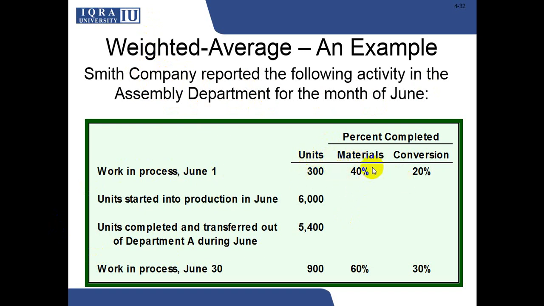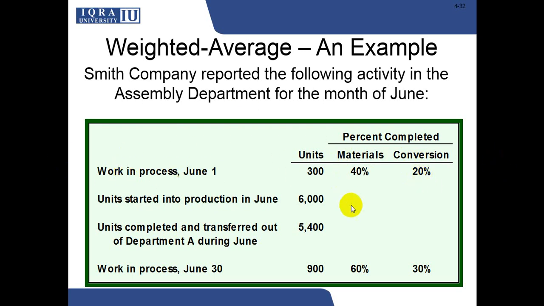As I have told you, we write conversion here because the direct labor amount will be small, so in this question Smith reported it as a conversion cost, right? Percentage completed: 40% complete with respect to material, 20% complete with respect to conversion. This is the information about the beginning inventory.